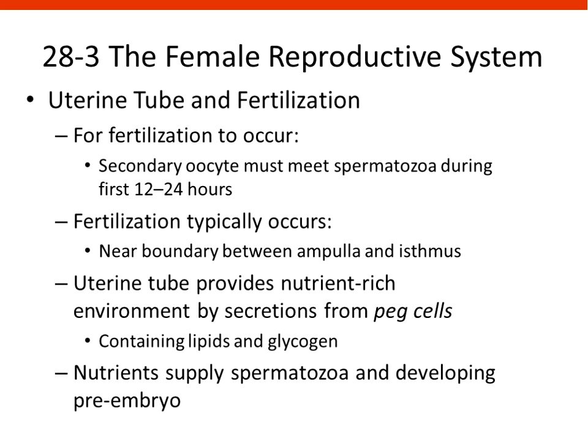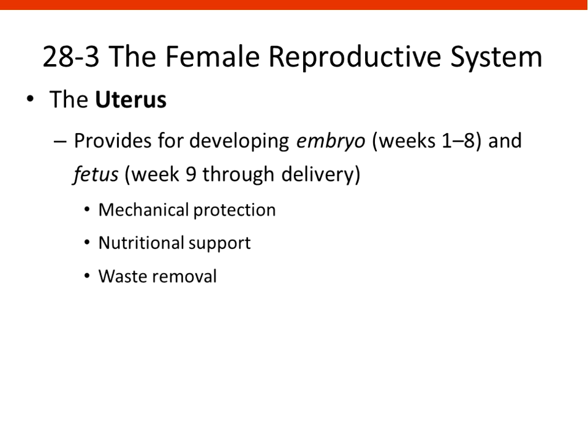If fertilization takes place, you obviously want to make sure that this fertilized egg has enough nutrients and lipids to sustain it as it makes its way to the uterus and implants itself into the wall of the uterus. Those nutrients supply the spermatozoa and the developing pre-embryo the needed resources to continue this journey, to do its thing, to live and to be viable.